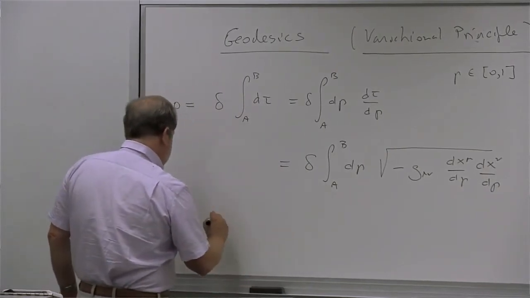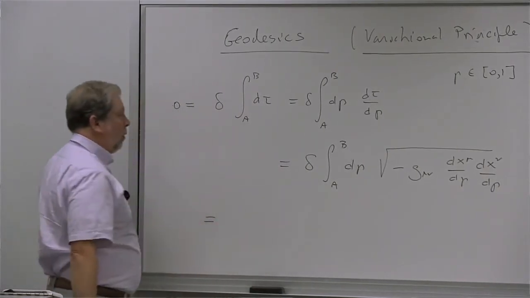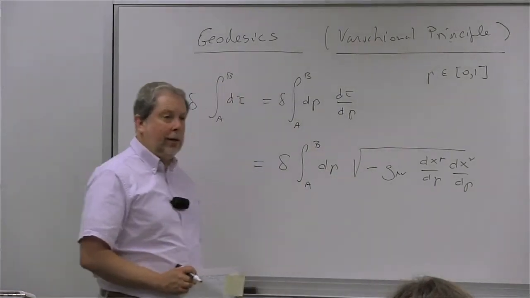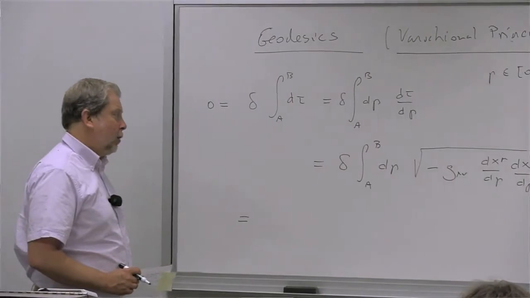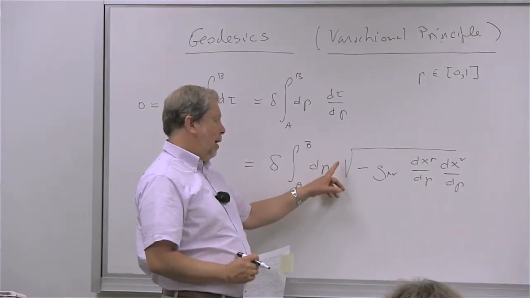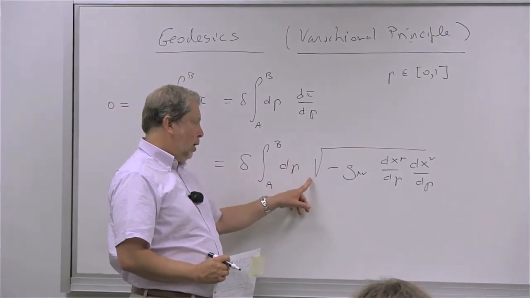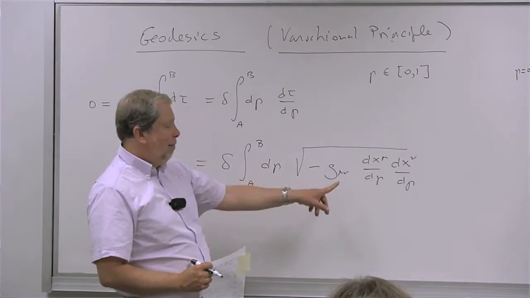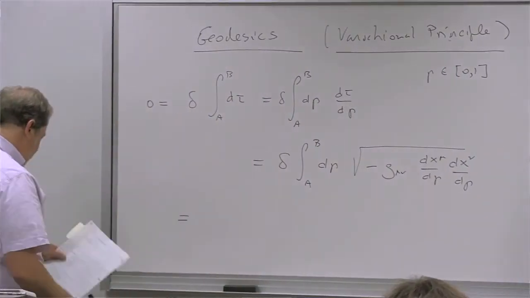So now when we do the variation, we carry the variation symbol inside the integral, and we just vary the square root. The first thing we get out of that variation is a factor of 1/2, because we have the square root, the inverse of the square root itself, and then the variation of what is inside this thing.